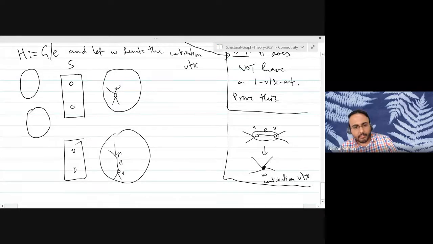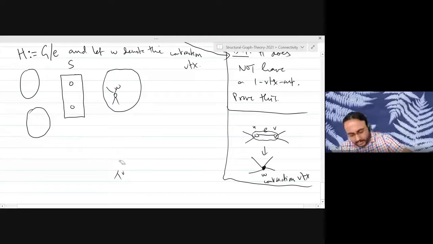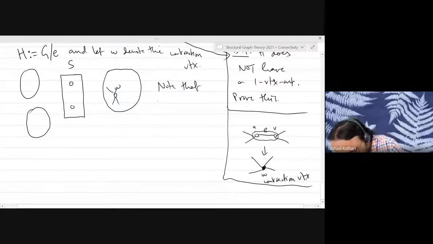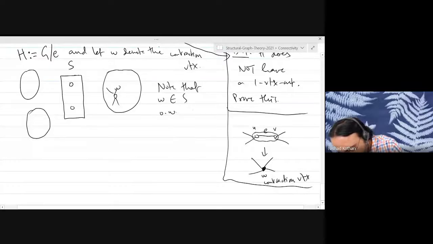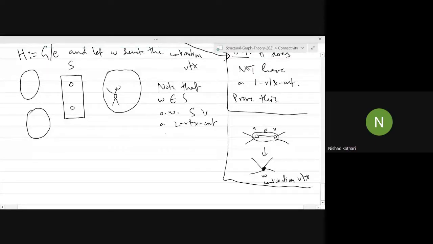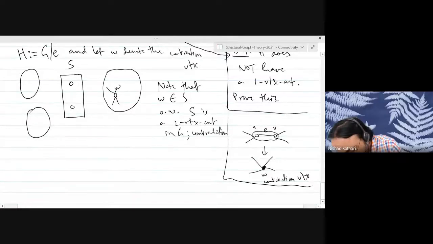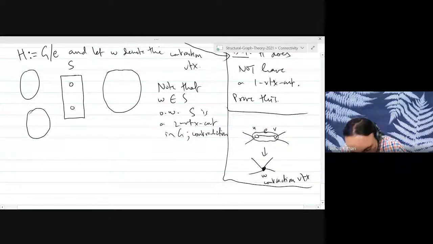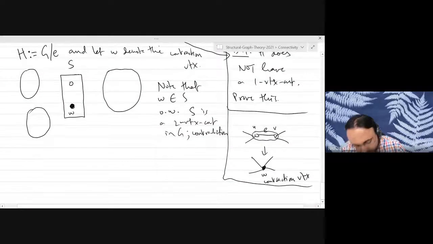I'm not going to write down that whole argument, but I'll summarize it. Note that W has to belong to S, otherwise S is a two vertex cut in the original graph G, which is a contradiction because G is 3 connected. So the only possibility is for this contraction vertex to be inside the set S.